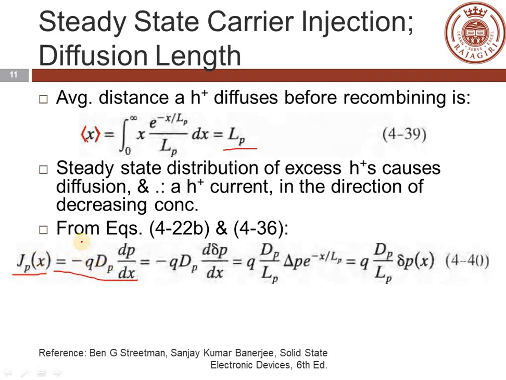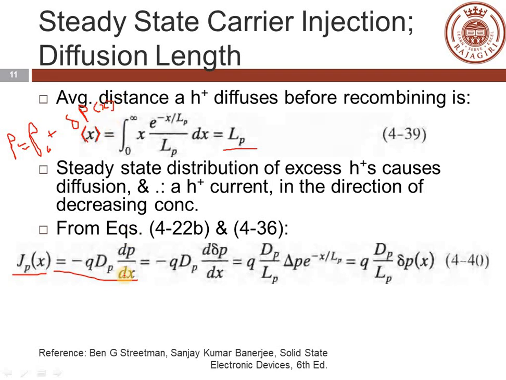Now in the second term of this diffusion equation, we have the term p. So p will be equal to the equilibrium concentration, we have seen in that plot, p0, plus the instantaneous excess carrier concentration, that is small delta p of x.